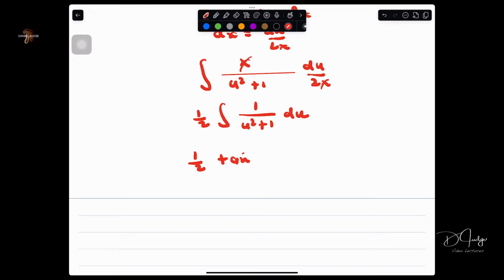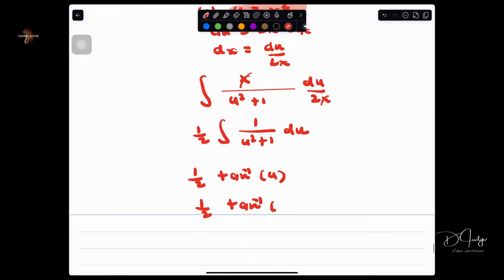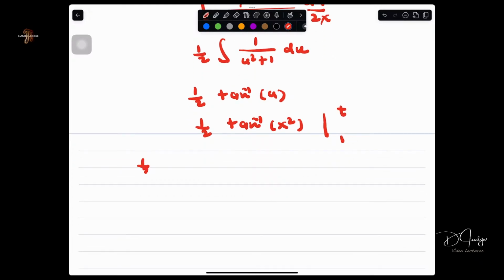1/2 inverse tangent of u, which is really 1/2 inverse tangent of x squared here. So we're going to replace that u with x squared, and you evaluate this from 1 to t, which is 1/2 inverse tangent of t squared minus 1/2 inverse tangent of 1 squared, which is 1.